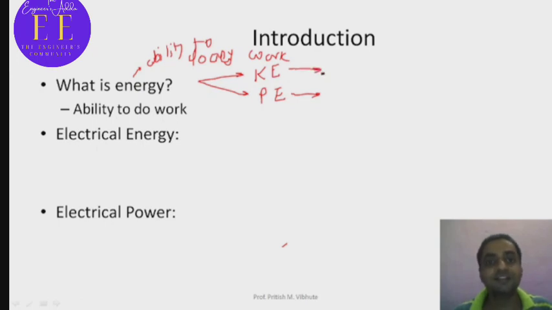Kinetic energy is associated with an object in a moving state. For example, again in a hydroelectric power plant, whenever water starts moving, it generates electricity. The motion of water is given to the blades, which convert it into electricity. So the kinetic energy of water is converted into electricity. That is how energy is divided into kinetic energy and potential energy.